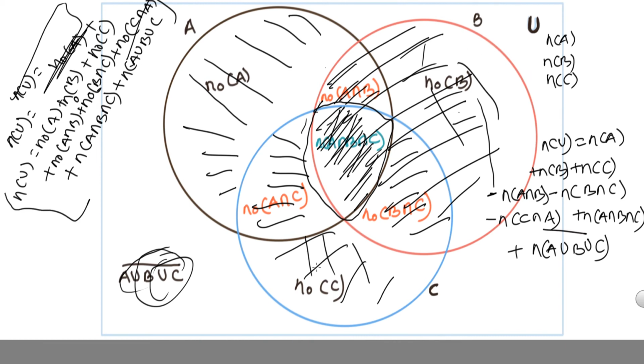The main idea of the Venn diagram is you just have to know which region is what.